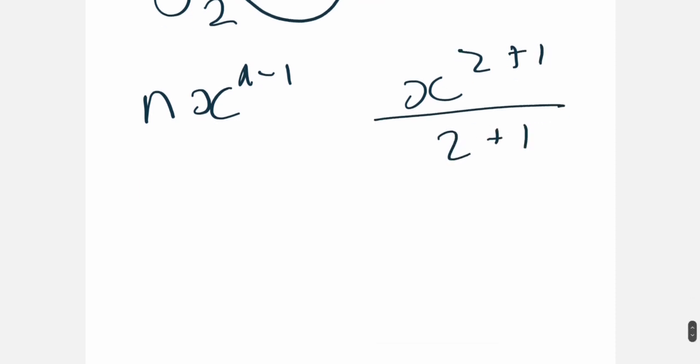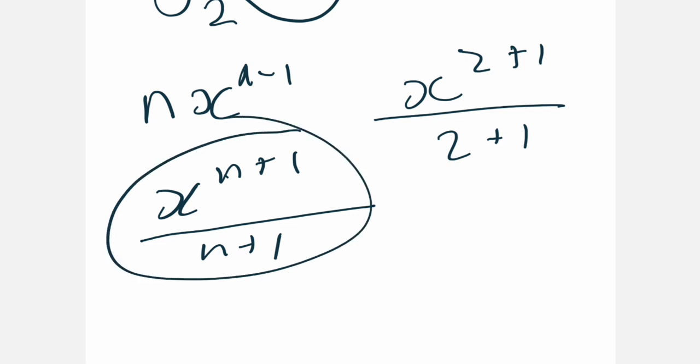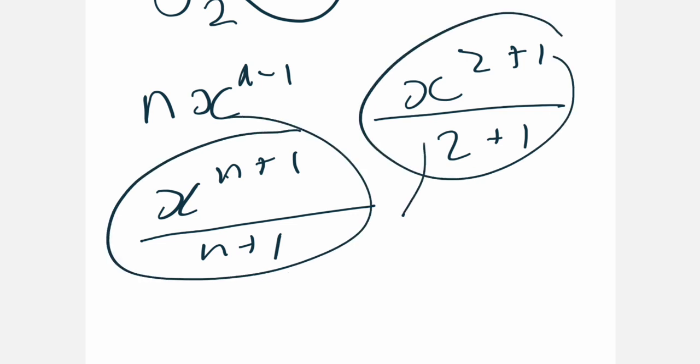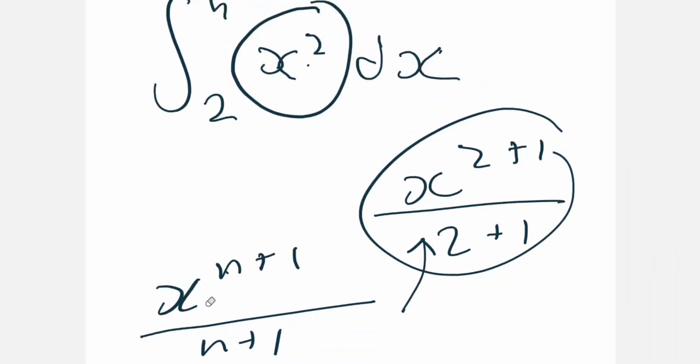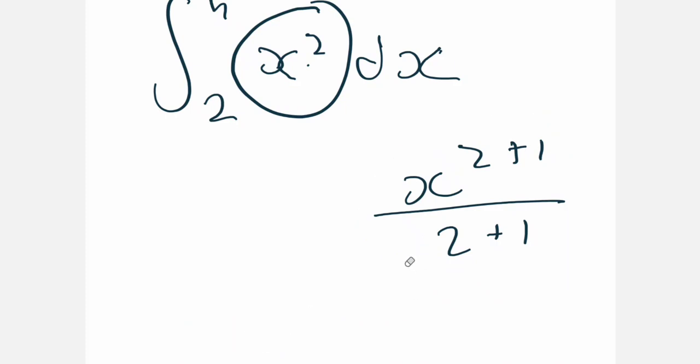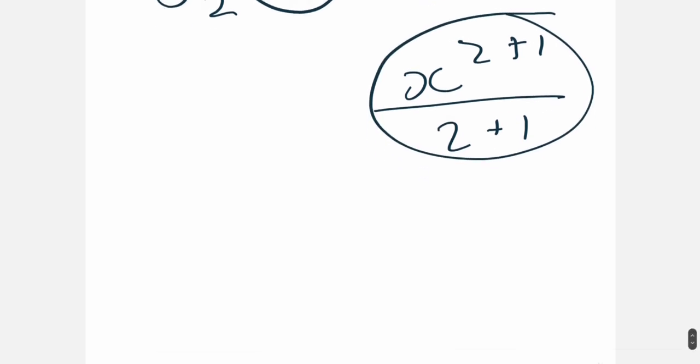So the actual formula is x to the n plus 1 over n plus 1. So this is the formula here. We're going to use this to solve. So we'll go ahead and clean up this mess. Great. So now we have this here. We will use this to solve. So that means it's x cubed over 3.